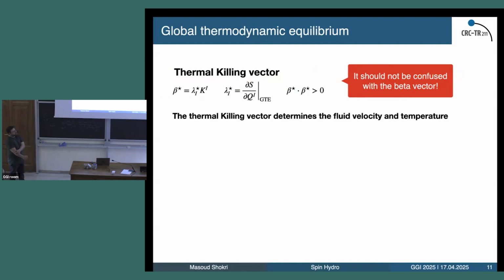And of course, I need to confuse you because actually in equilibrium, this thermal Killing vector is equal to the beta vector. So it gives you the fluid velocity and temperature. It's just like a solution. It's just a coincidence at one point in the space of states of fluid.